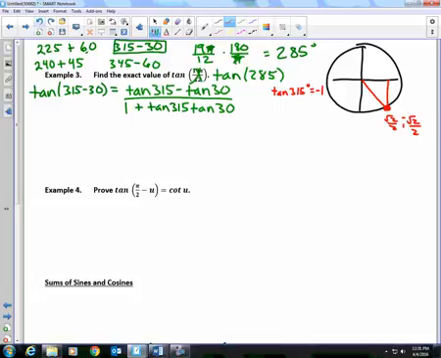Now I'll make a 30-degree angle. Anybody know the terminal point for a 30-degree angle? Root of 3 over 2, 1 half. So tangent is y over x. If you take 1 half divided by the root of 3 over 2, you get 1 over the root of 3, or root of 3 over 3.